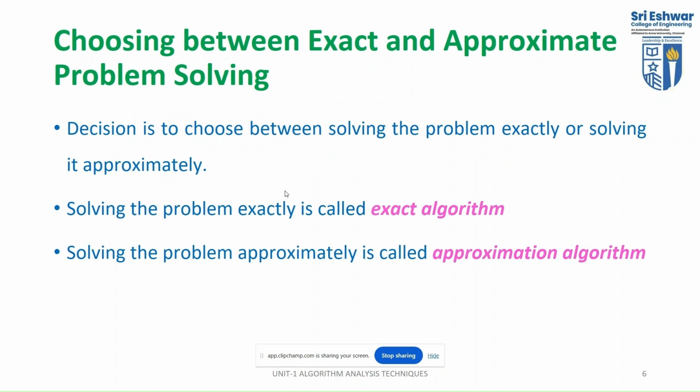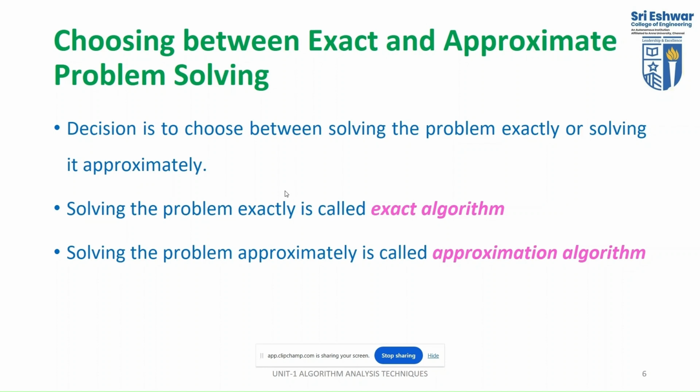Now, what is the difference between exact algorithms and approximation algorithms? Exact algorithms provide a precise solution to the problem, and it will be useful when an optimal solution is critical. Examples will be sorting a list and finding the shortest path in a graph using Dijkstra's algorithm.